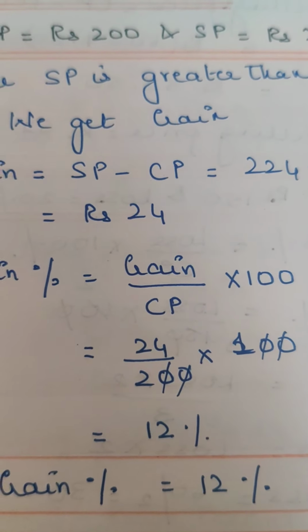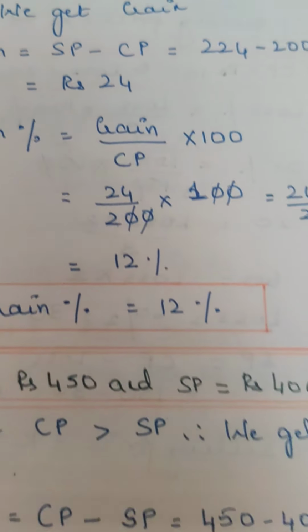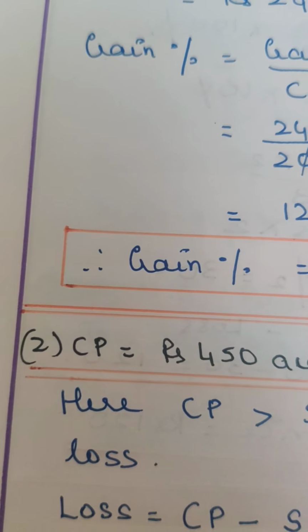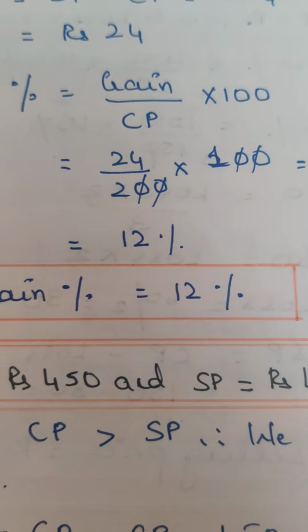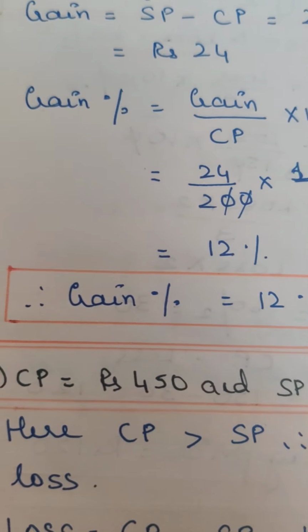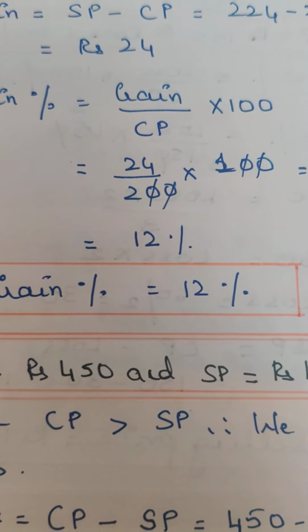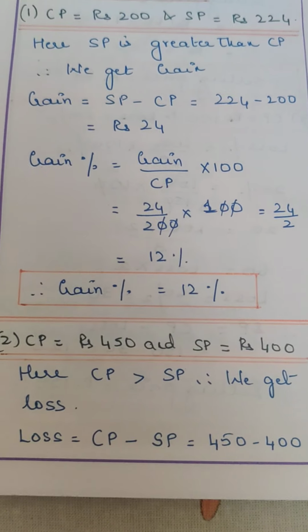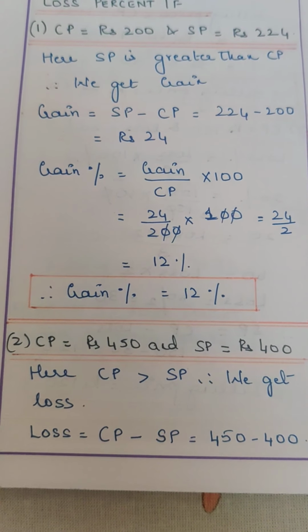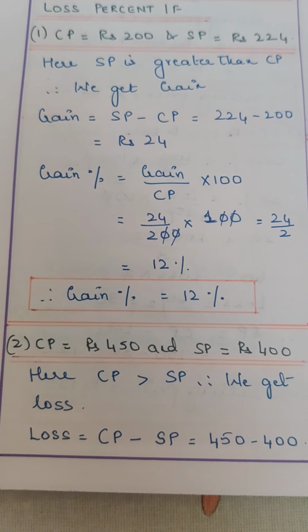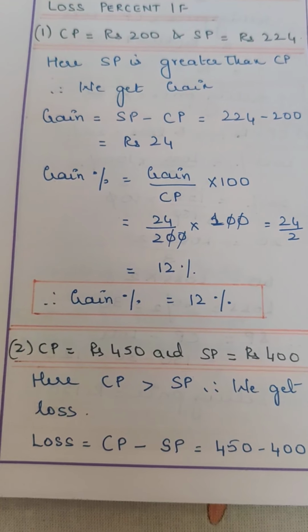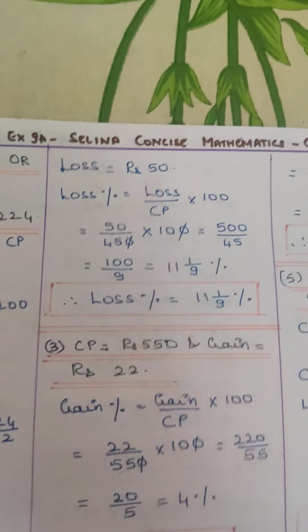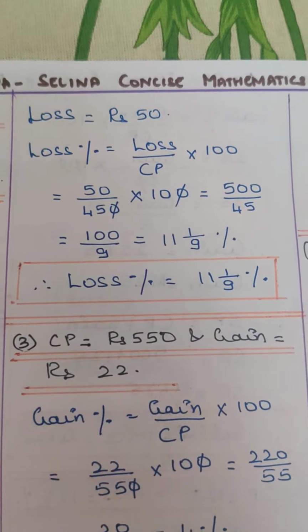Hope this is clear. The second one. You have the cost price as 450 and selling price as 400. Here cost price is greater than selling price. Therefore, we get loss, and loss is calculated as cost price minus selling price, that is 450 minus 400. Therefore, loss is equal to 50 rupees.